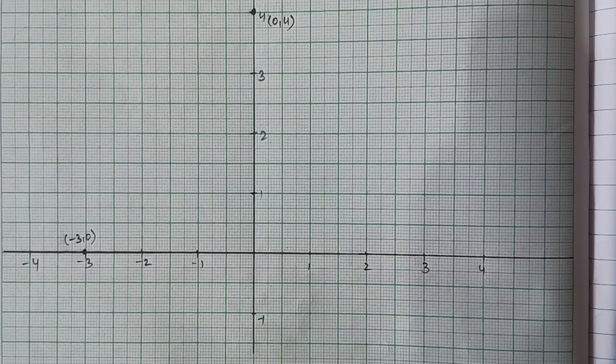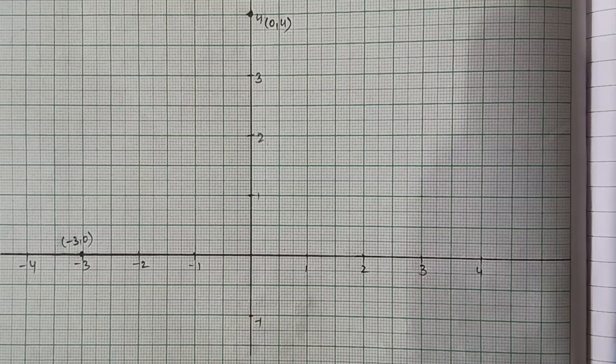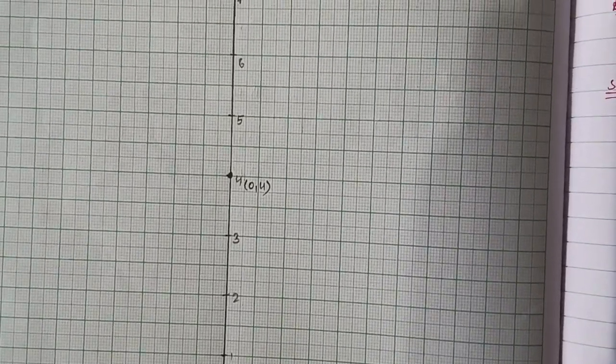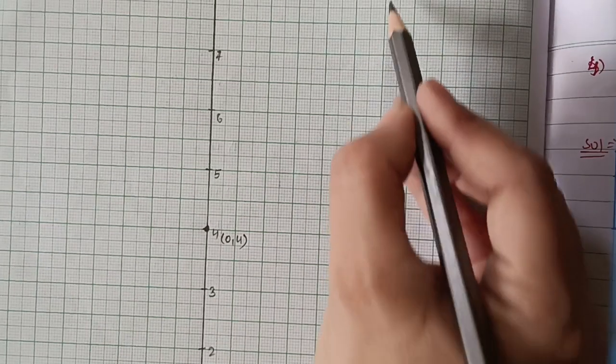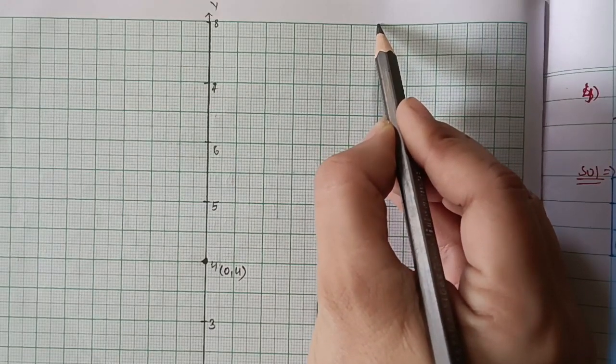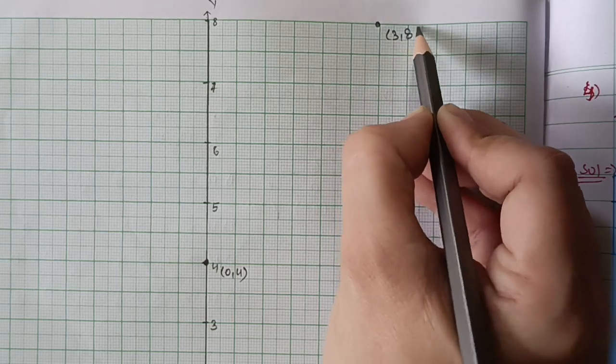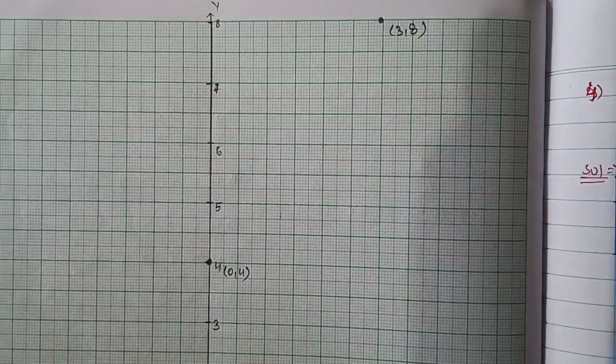Then third point we have 3 comma 8, 3 from here and 8 from the y-axis. So 3 comma 8, this is our third point. Now we'll join these points with a line.